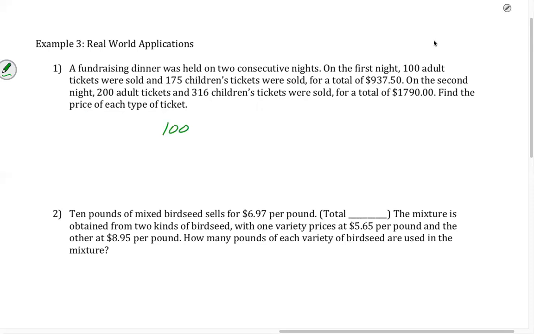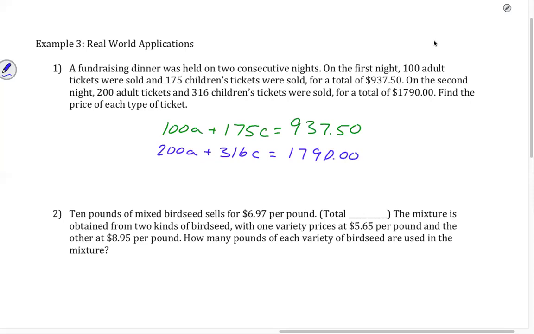We have 100A plus 175C equals 937.50. And then we have 200A plus 316C equals 1790. Right?